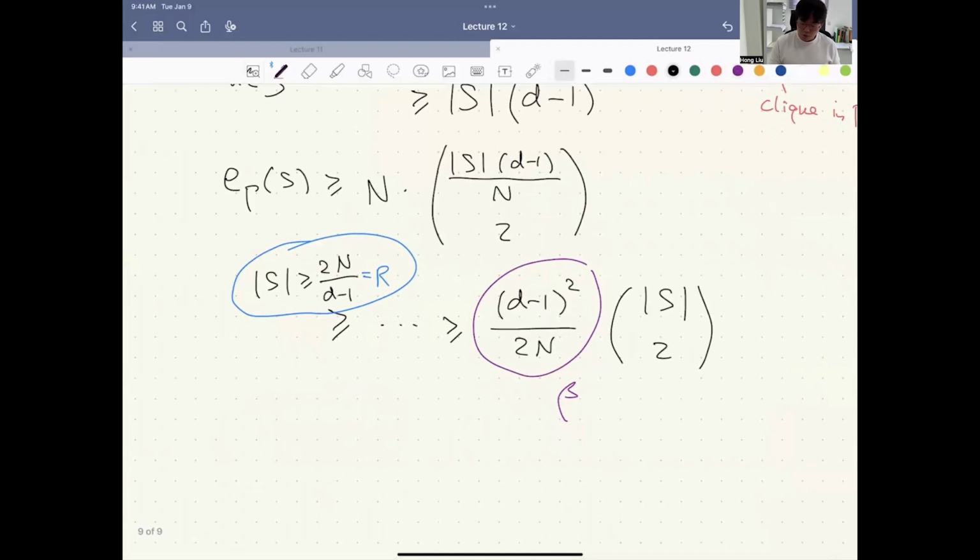And let me just tell you how you can choose Q. You can choose Q to be, let's say, 3 log N cubed.